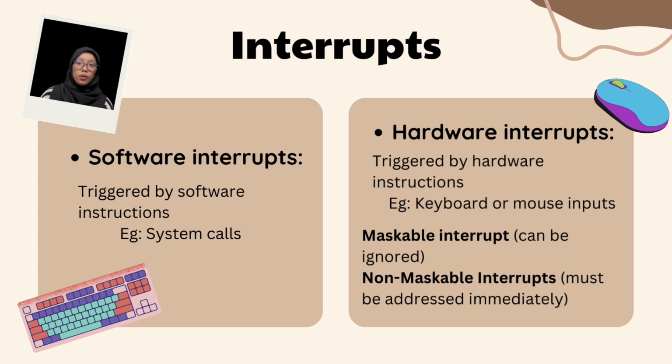Another one is the hardware interrupt, basically something that is triggered by hardware, for example by keyboard or mouse input. It also has two types: maskable interrupt and non-maskable interrupt. A non-maskable interrupt is something that you have to address immediately, and a maskable interrupt is something that you can simply ignore.